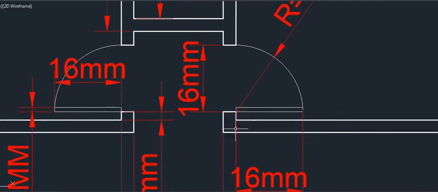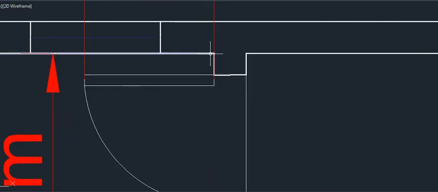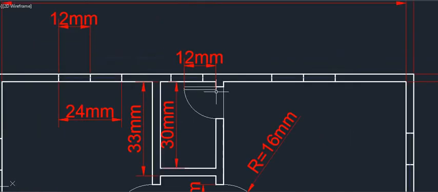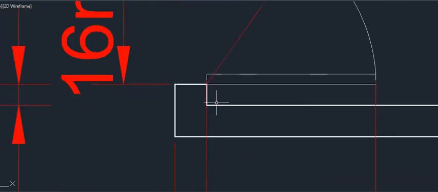All throughout the bedroom doors and the CR door, you measure 2 millimeters from the wall up to the first line of your door. So again, 2 millimeters from the wall up to the first line of your door.